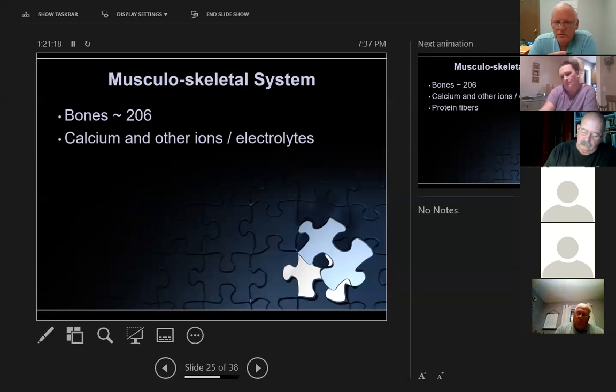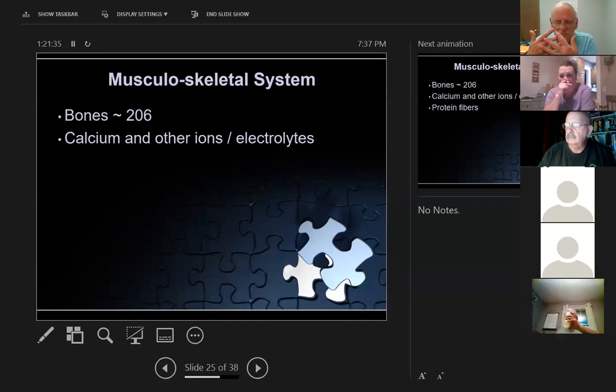And the bones are constantly exchanging these electrolytes in and out of the bloodstream. If they need to go somewhere else in the body because the heart's short on sodium for some reason, it'll suck it out of the bones, so to speak, and make sure the heart gets it. And if there's too much sodium, it'll deposit it back into the bone structure.